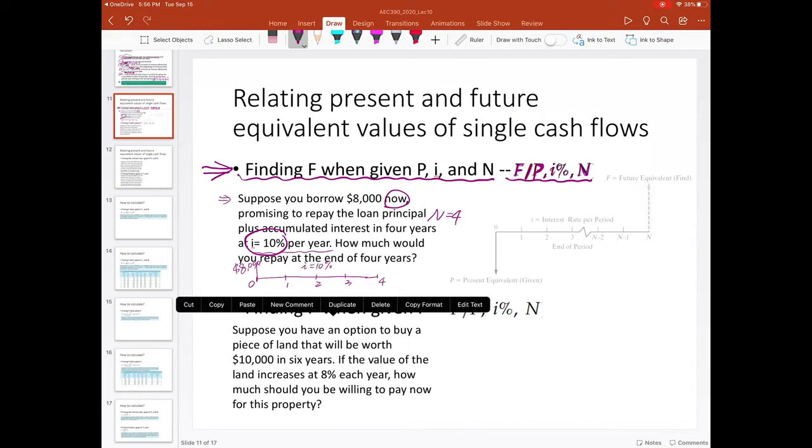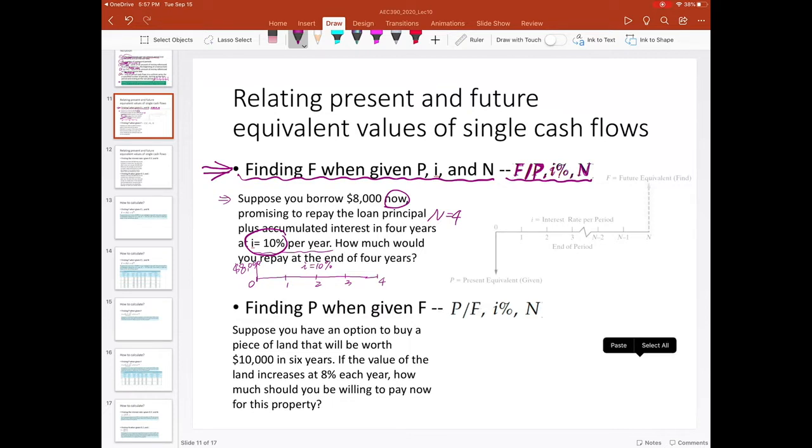And the interest rate is 10%. Just label that on this time scale. And then you want to know how much you pay at the end of the 4th year, so that payment is equal to this cash flow, okay? So you want to know what is the future value of this cash flow. That's the cash flow diagram description of this statement, okay?